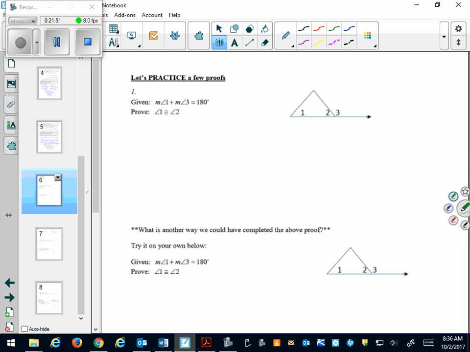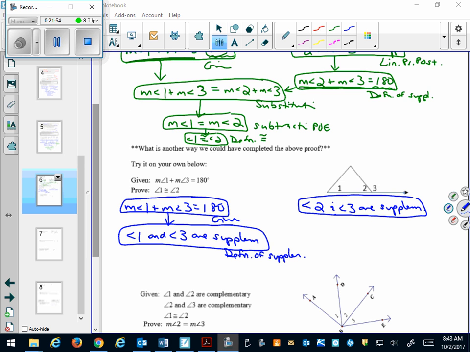So this is some practice now. So we're doing this proof again, kind of flip-flopping. Keep this as supplementary, change this to supplementary. Now I have two statements where I'm saying that two angles are supplementary to angle 3. 1 is supplementary to angle 3, 2 is supplementary to angle 3.